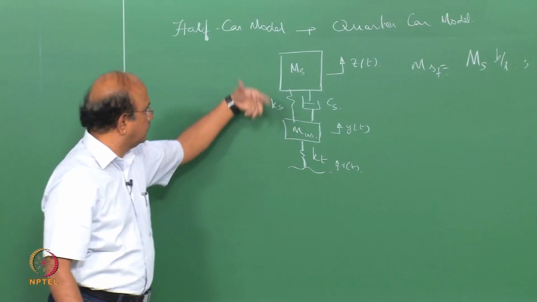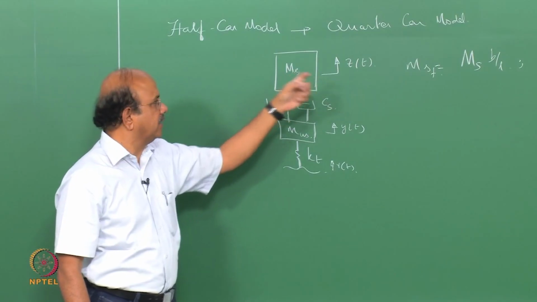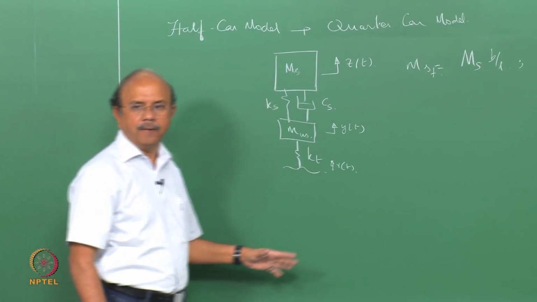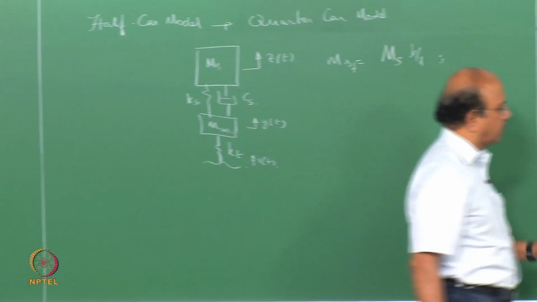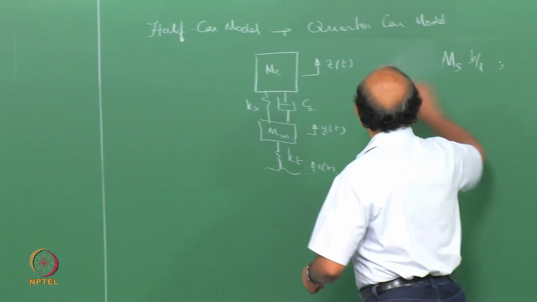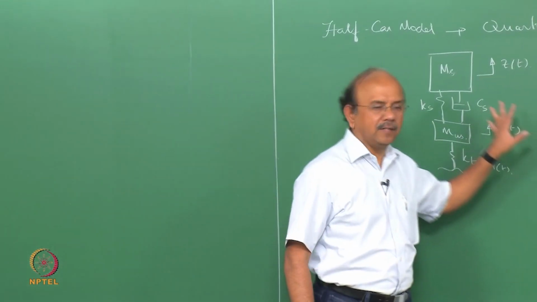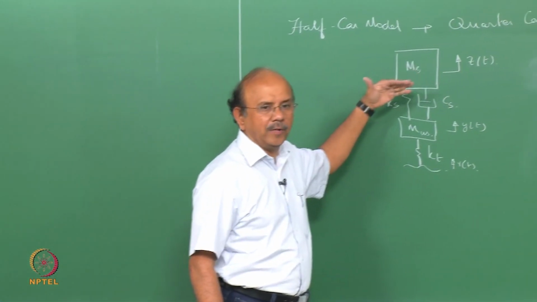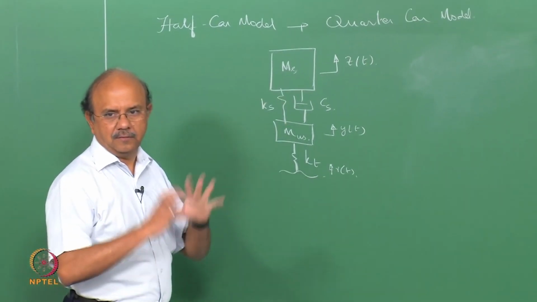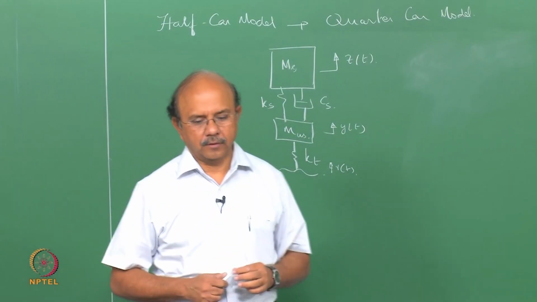You have to now rewrite or replace ms by the corresponding front or rear springs, and so on. In other words, in the quarter car model, we are delinking both. Sometimes people analyze it with complete ms, as one whole vehicle, and the suspension and so on, as well.